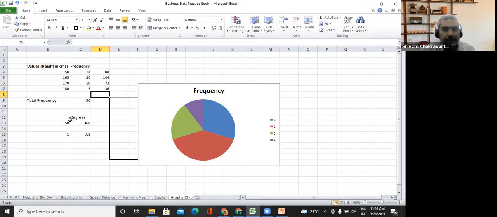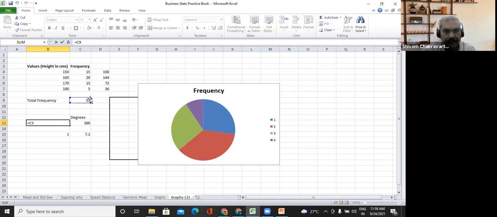Now if I change any frequency, say 10, I make it 15. So this changed to 55, but this has not changed because I have manually typed it. If I had used cell referencing, then this would automatically change.